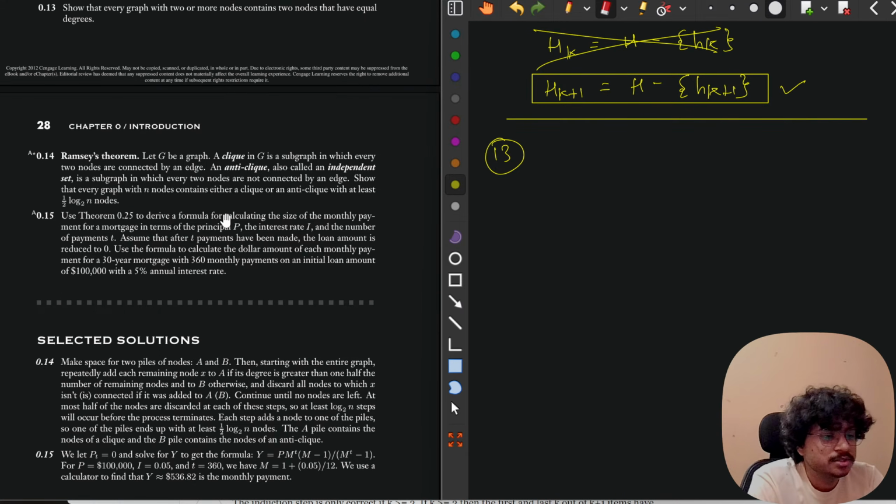Ramsey's theorem. Let G be a graph. A clique in G is a subgraph in which every two nodes are connected by an edge. An anti-clique, also called an independent set, is a subgraph in which every two nodes are not connected by an edge.